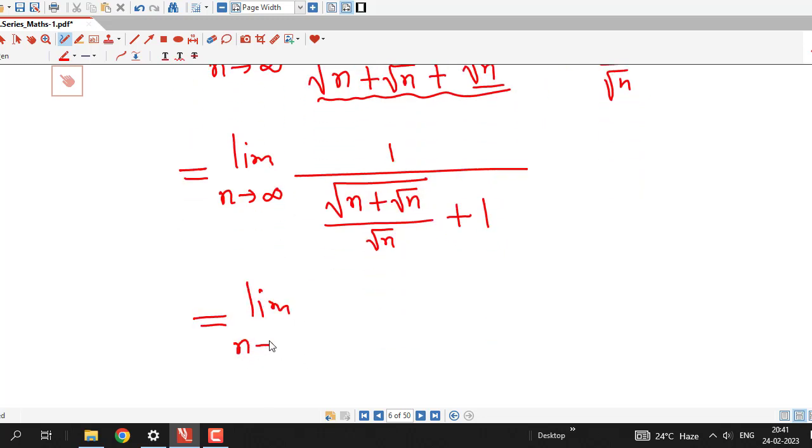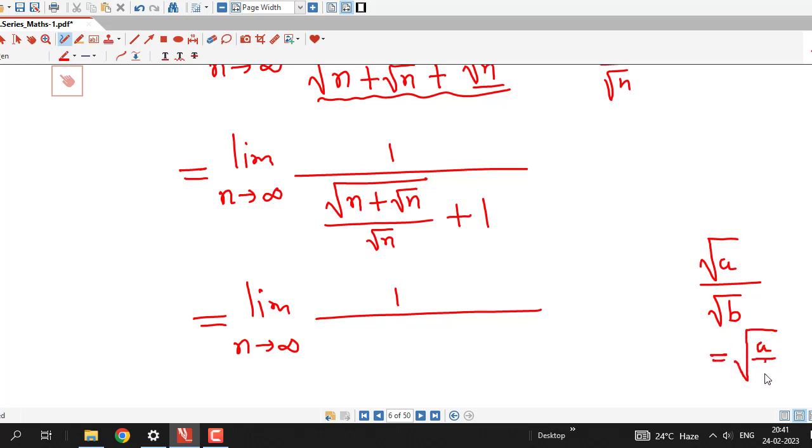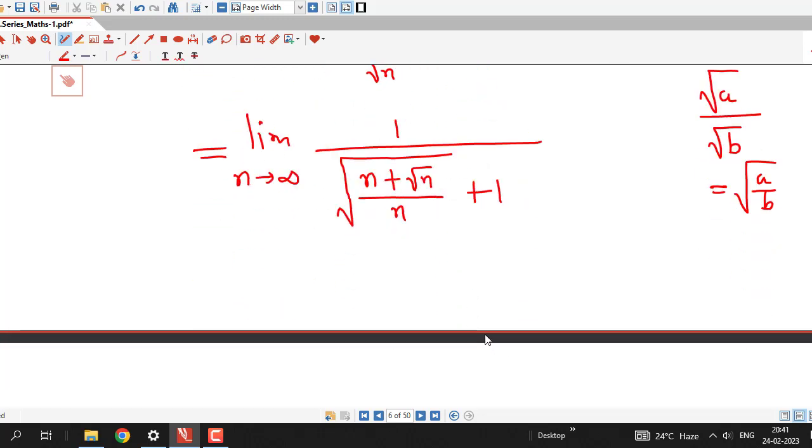This is limit n tending to infinity, and because I have two quantities in the square root, I have this type of situation here: square root of a divided by square root of b, so that I can write as square root of a divided by b, that is square root of n plus square root of n divided by n, and plus 1.